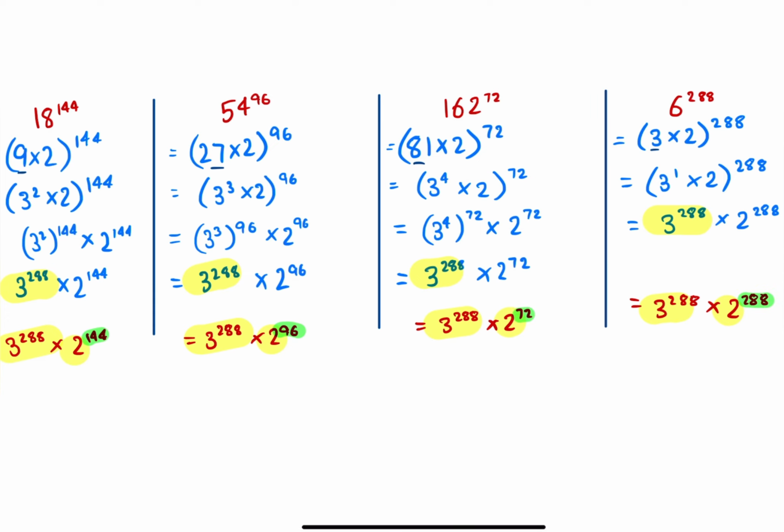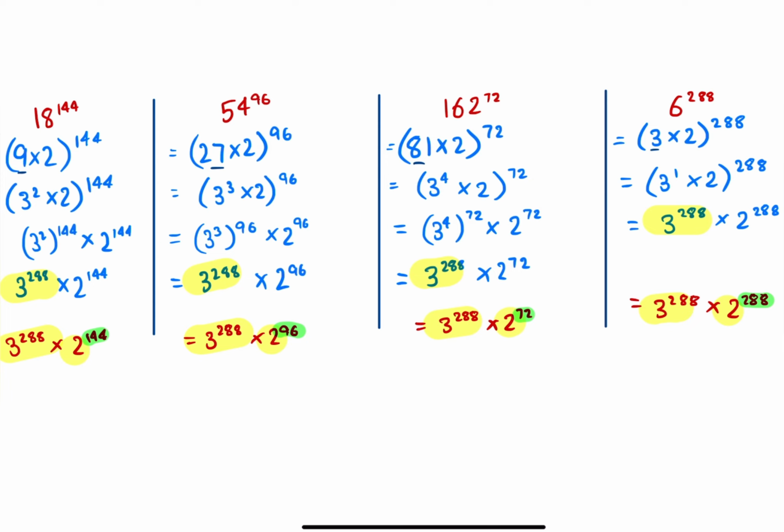So comparing these, technically, all of these are the same number, except they're multiplied by 2 raised to different powers. So the number multiplied by 2 to the largest power would be the largest number.